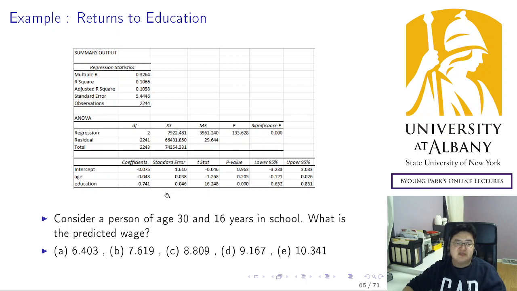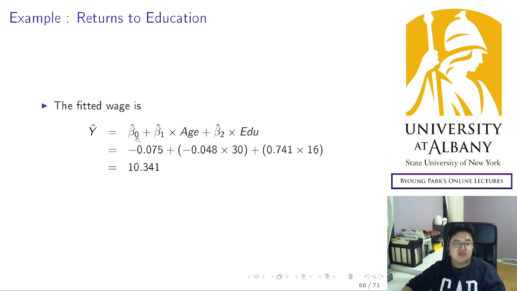Okay, the answer is calculated this way. Beta 0, intercept is this. Beta 1, the slope of age is this, multiplied by 30. And beta 2 is the slope of education, which is this, multiplied by 16 years.